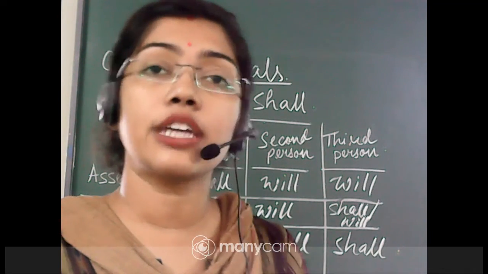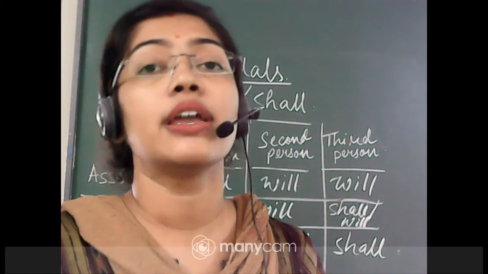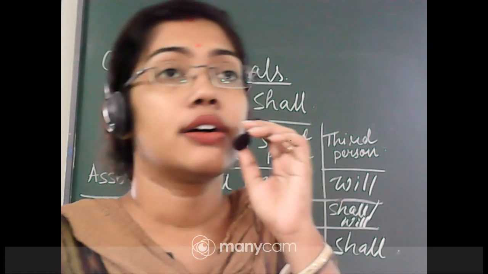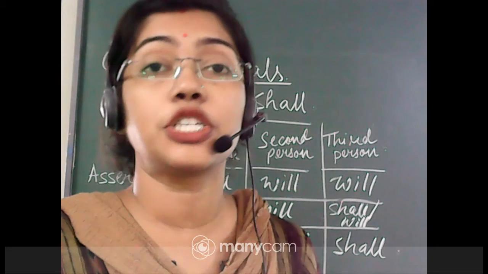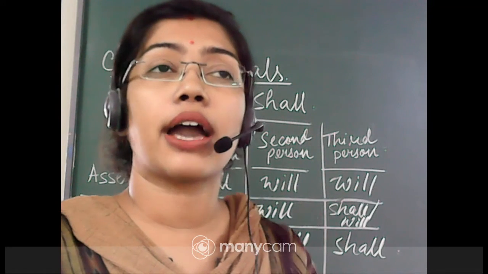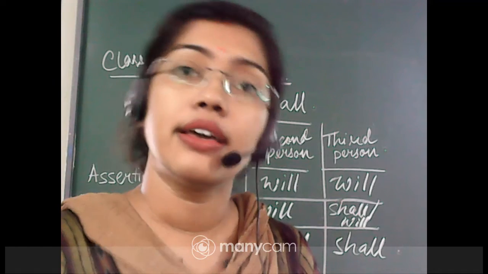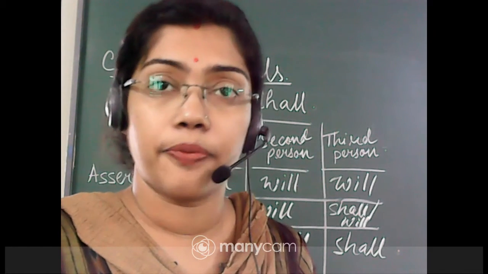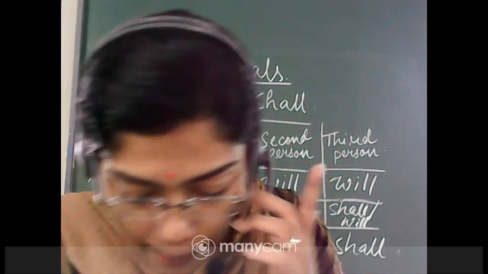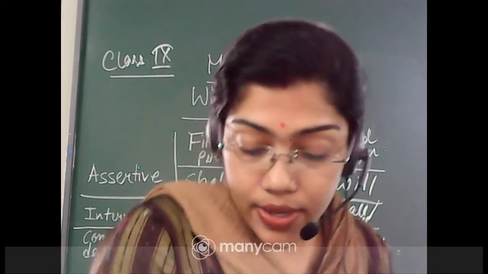So both are correct, will is also correct, shall is also correct. Now that depends on the structure of the sentence. What is my intention? If my intention includes a kind of indirect command, then I will be using shall here. Otherwise I will be using will.